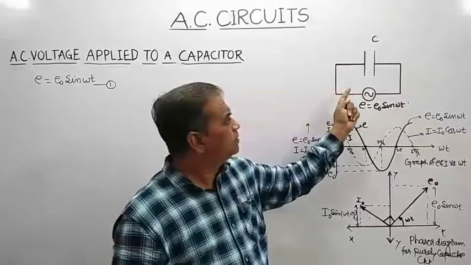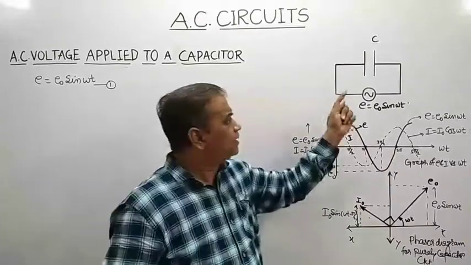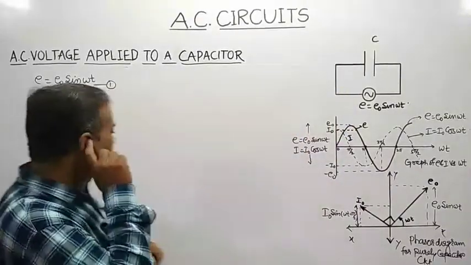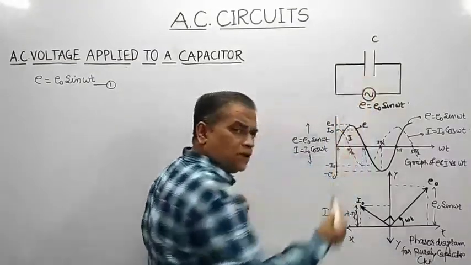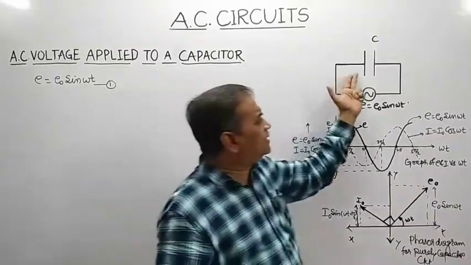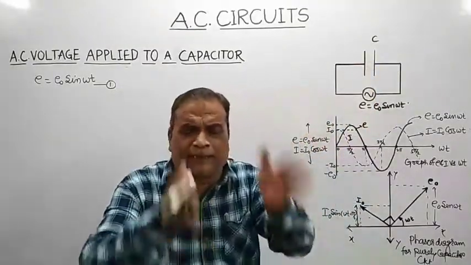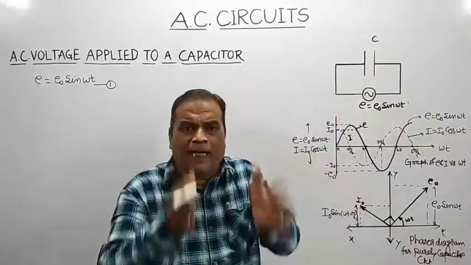Now what is the effect of applying a source of alternating EMF across a capacitor? No doubt a flow of electric current starts, and when current starts flowing through the circuit, it means charges are transferred to the plates of the capacitor, and as charges are deposited, a potential difference is developed across the plates.